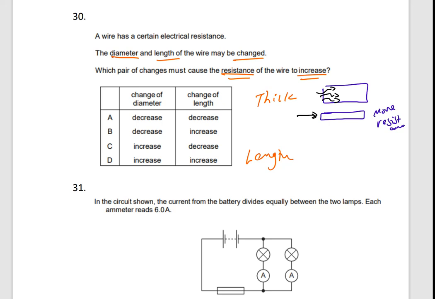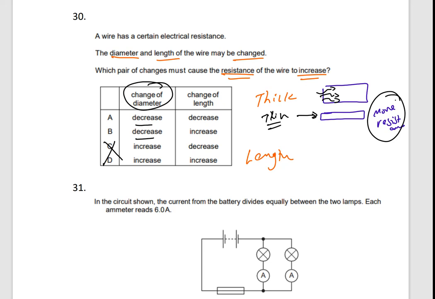So a thinner wire would have more resistance. So which pair of changes must cause the resistance of the wire to increase? With regards to the diameter, you have to decrease it. When you decrease the diameter, there will be more resistance. So you have options A or B. C and D, you can strike off.